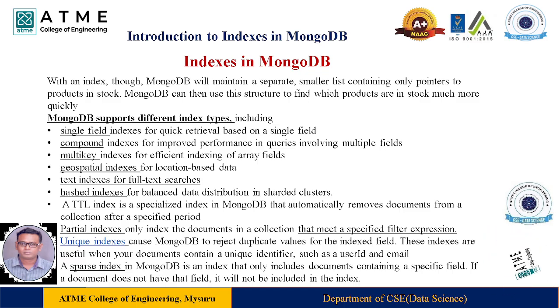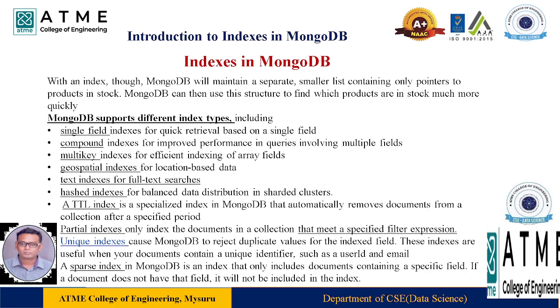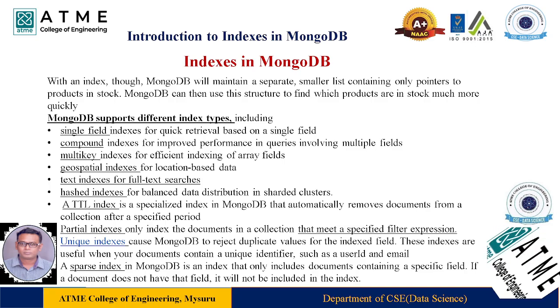Next is multi-key indexes. Multi-key indexes are generally used for indexing array fields. When indexing is done on array fields, it's called multi-key. Geospatial indexes are used for location-based data. Text indexes are used for full text searches. We will be studying text indexes in programs 9 and 10.